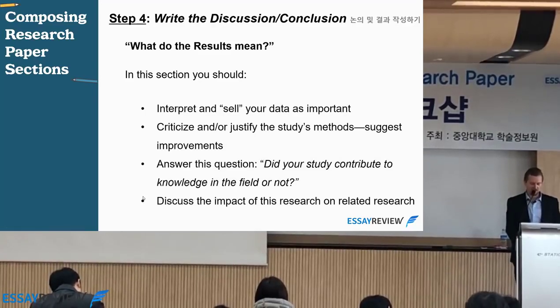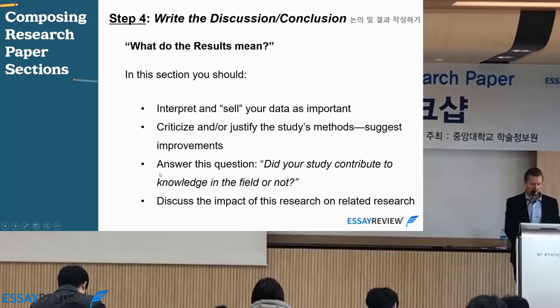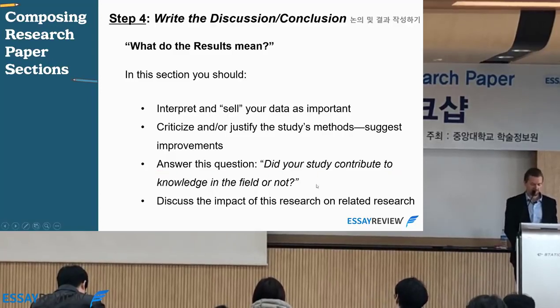Criticize and justify your study's methods. Suggest improvements for how other studies could be better done to get more information about this topic. Answer the question, did your study contribute to knowledge in the field or not? Does your study help fill in the gap or did it fail? You need to be honest too.